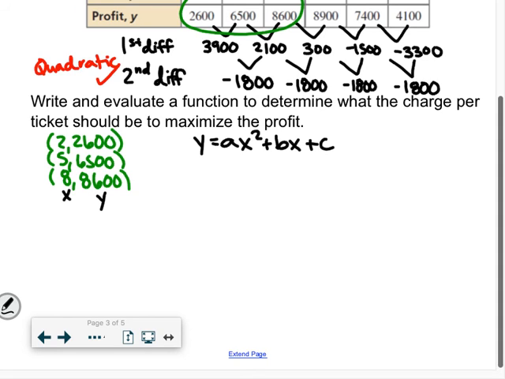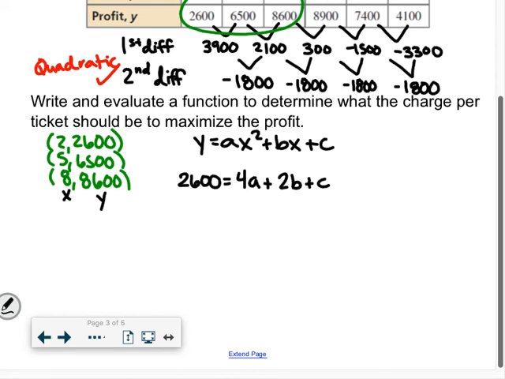So I'm going to start with 2, 2,600. Y is 2,600 equals a times 2 squared, which would be how many a's? 4a. Plus b times 2, 2b plus c.